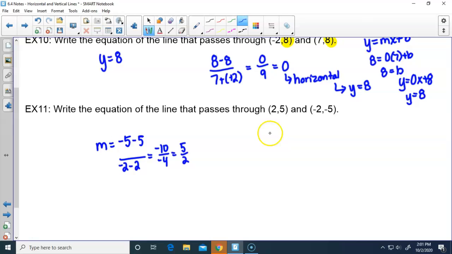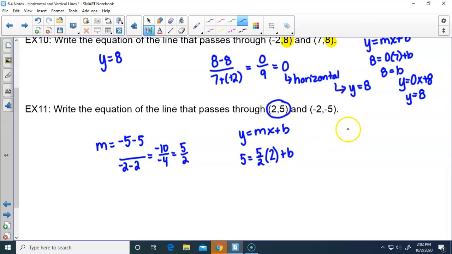So next we would need to do y equals mx plus b, and we've got to plug in one of these points and our slope. I'm going to choose 2, 5 just to avoid the negatives. So the y coordinate would be 5. We know the slope is 5 halves. Our x coordinate is 2, and we've got plus b here.